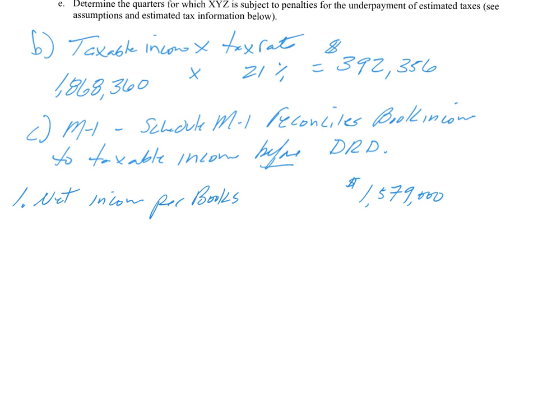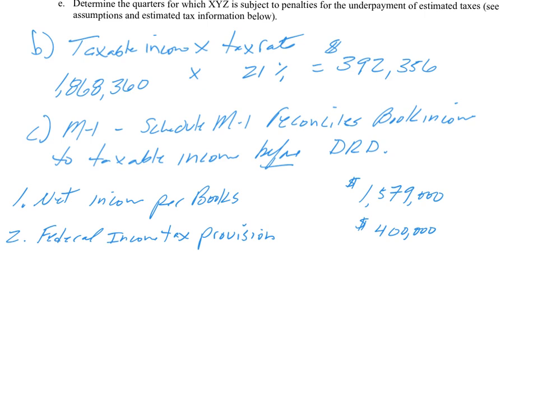We were given that, all right? Federal income tax provision is $400,000.